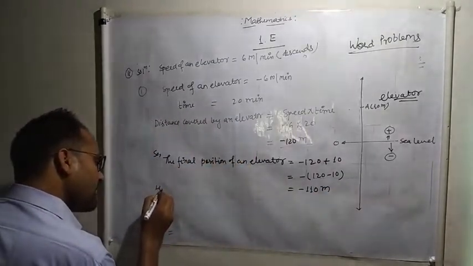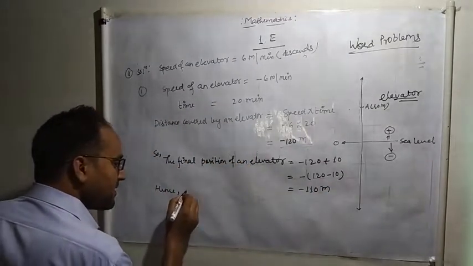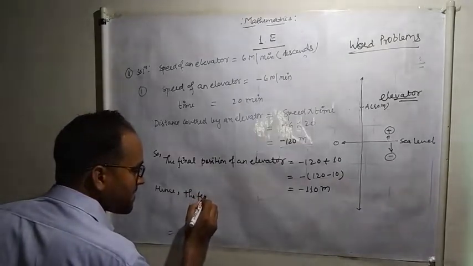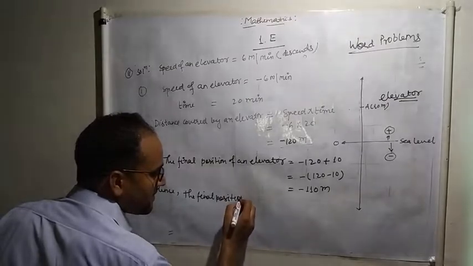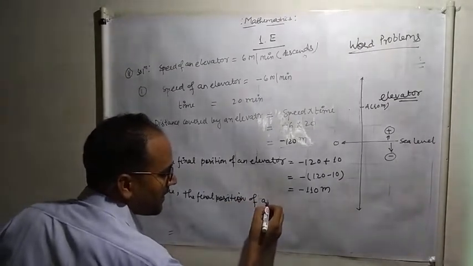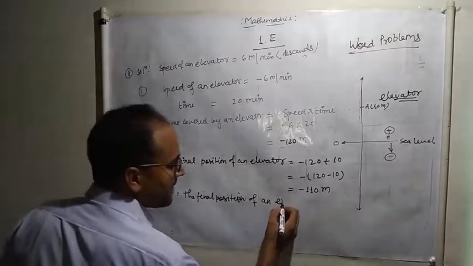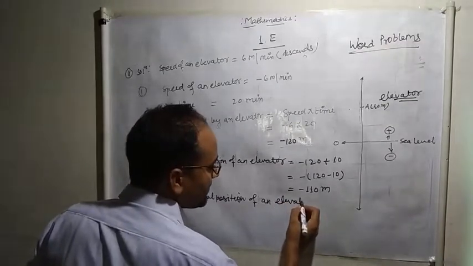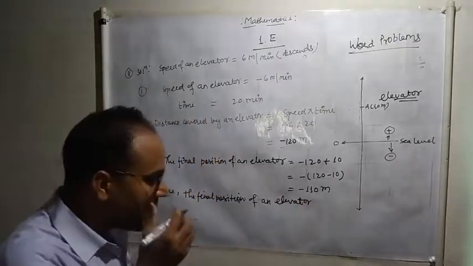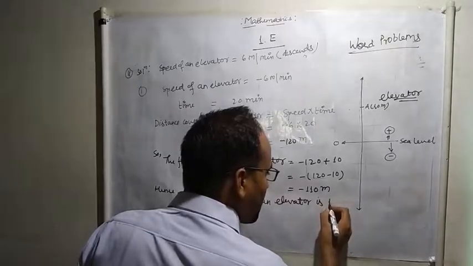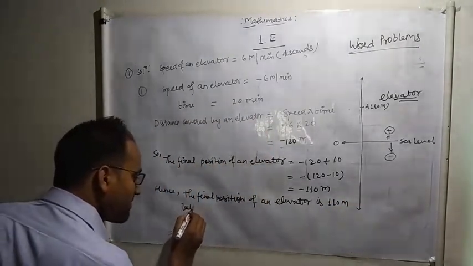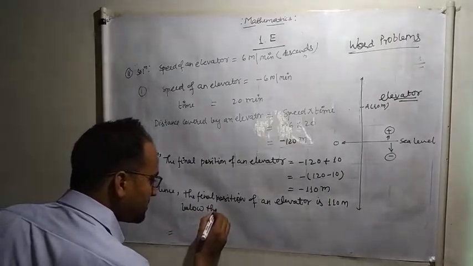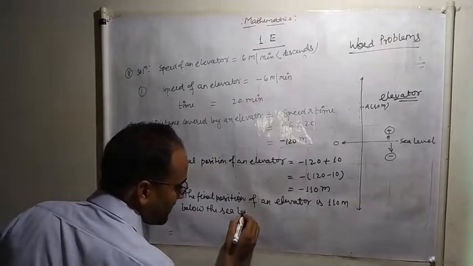Hence the final position of an elevator is 110 meters below the sea level.